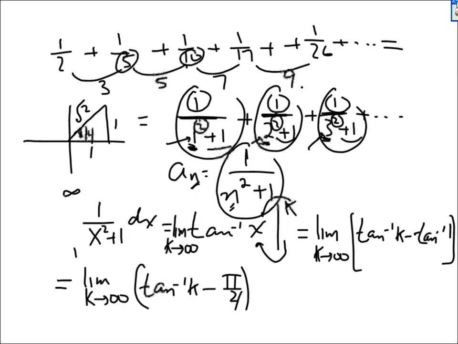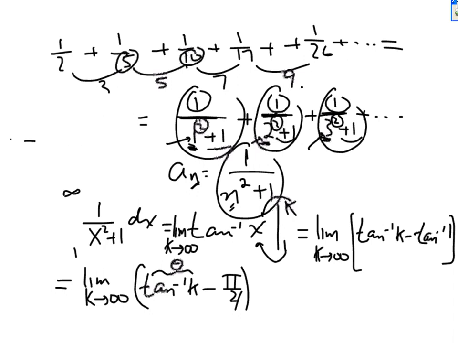So now, what's the tangent of what angle gives you k? If this is theta, this is asking the tangent of theta, tangent of what angle is k, where k is infinity. Okay, I think at this point one should look at the tangent curve.